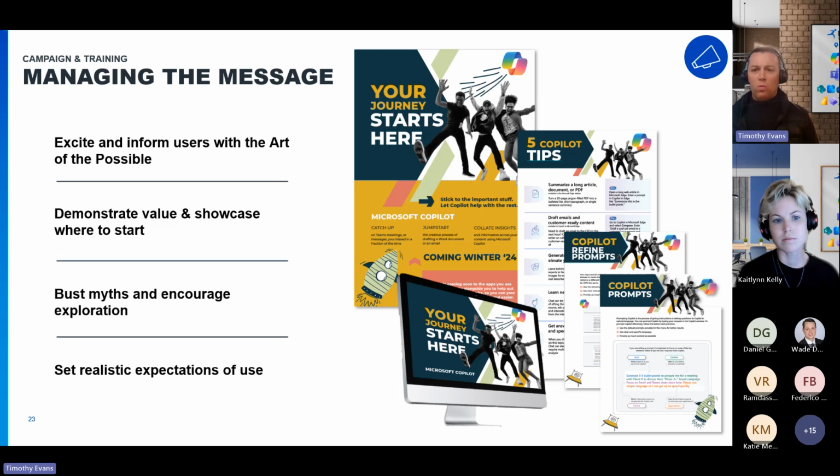So ultimately, when we think about managing the message and campaigning Copilot, what we like to think about is that generative AI and Copilot for Microsoft 365, or Microsoft 365 Copilot, is a tool. It's an assistant for us, and it's not that replacement.